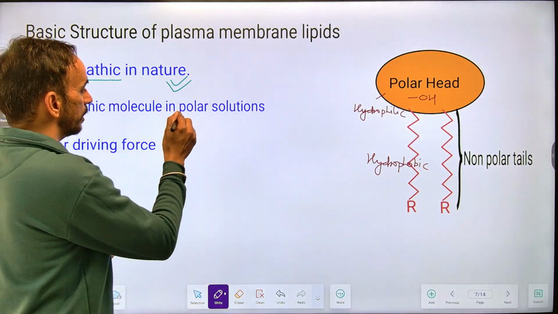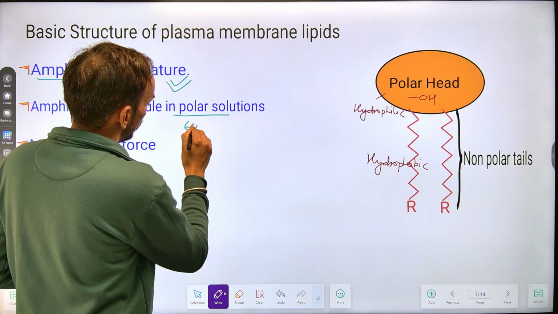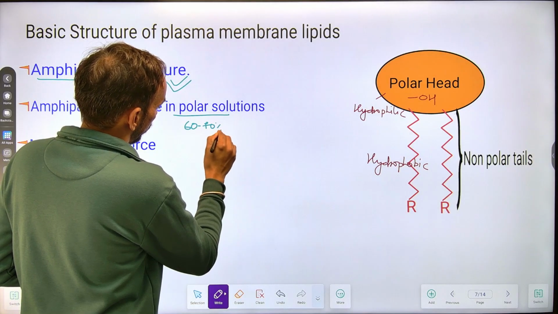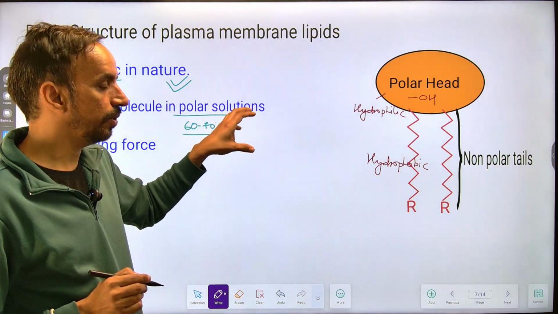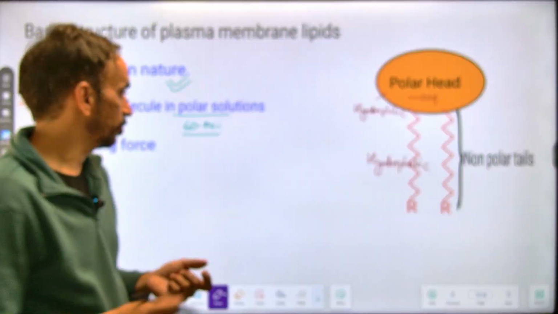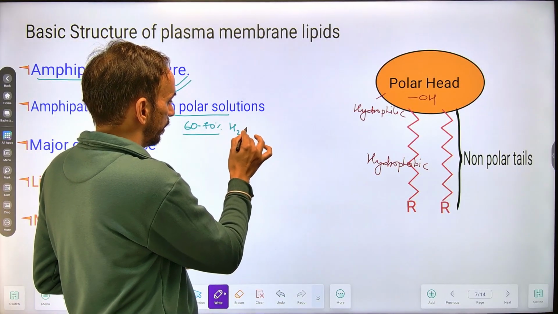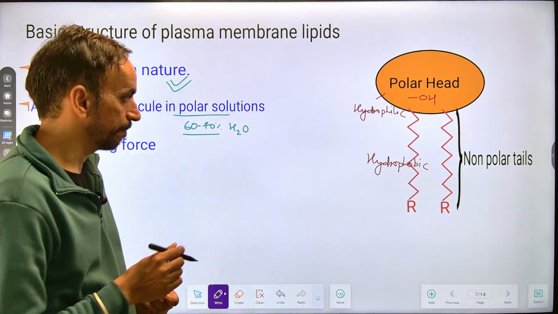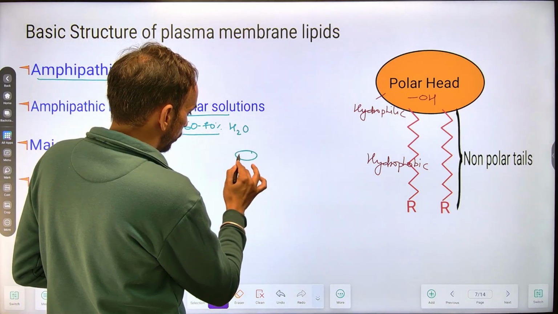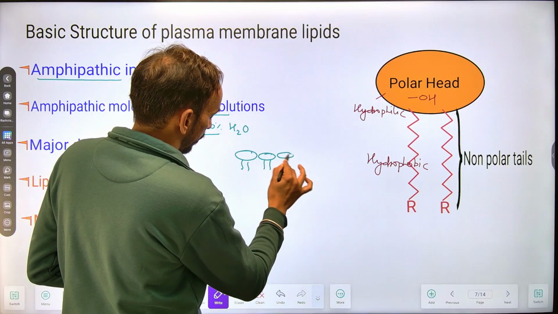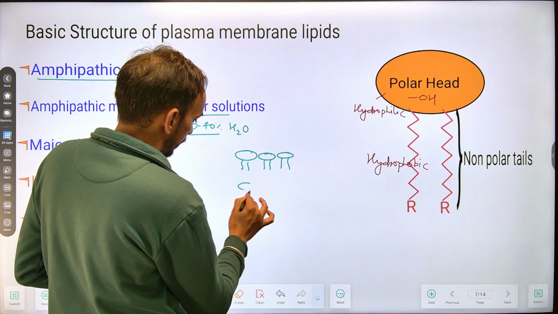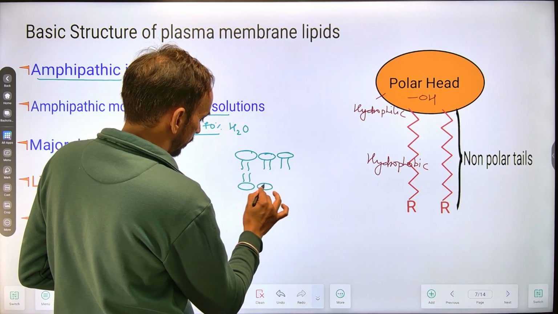Likewise, in the biological system, you are having 60 to 70% of water. Okay, so these amphipathic molecule in a polar solution like water, they will get self-assembled. उनकी self assembly हो जाती है in the form of a bilayer. इस तरीके से सेल्फ असेंबली देखने को मिलती है.